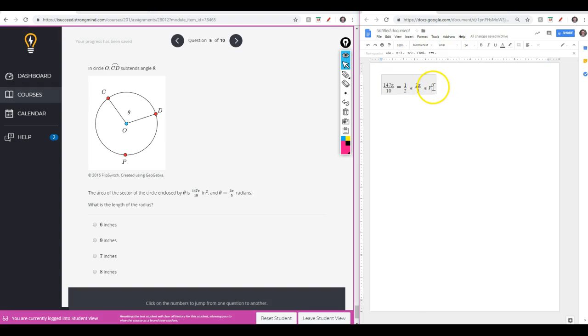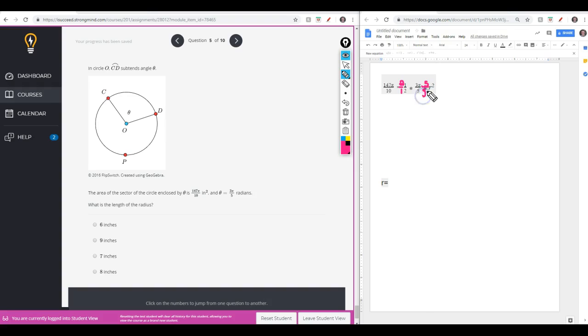So we want to end up with some equation that looks like r equals blank. So what we're going to do is, since we have multiplication, we're going to multiply by the reciprocal so that we can create forms of 1. So I'm going to multiply everything by 2 over 1, and I'm going to multiply everything by 5 times 3 pi.